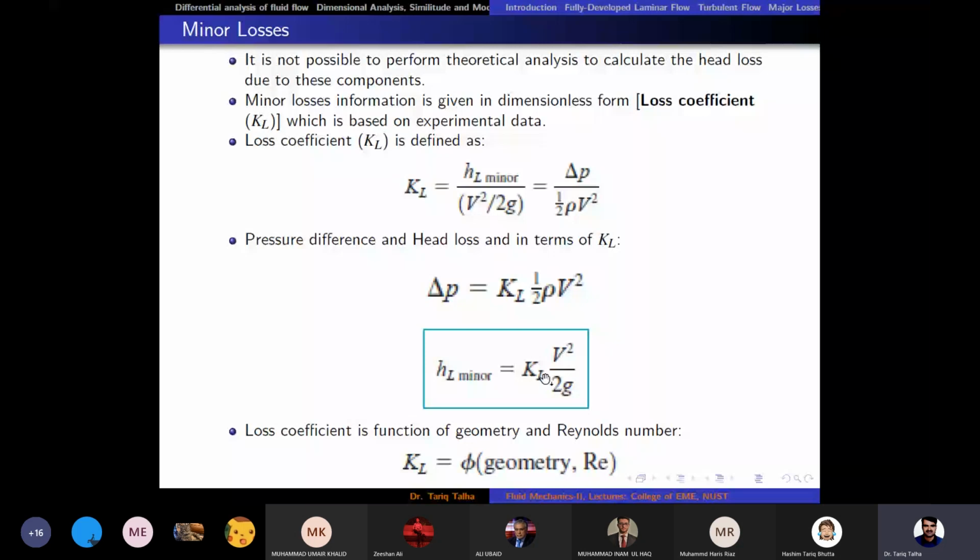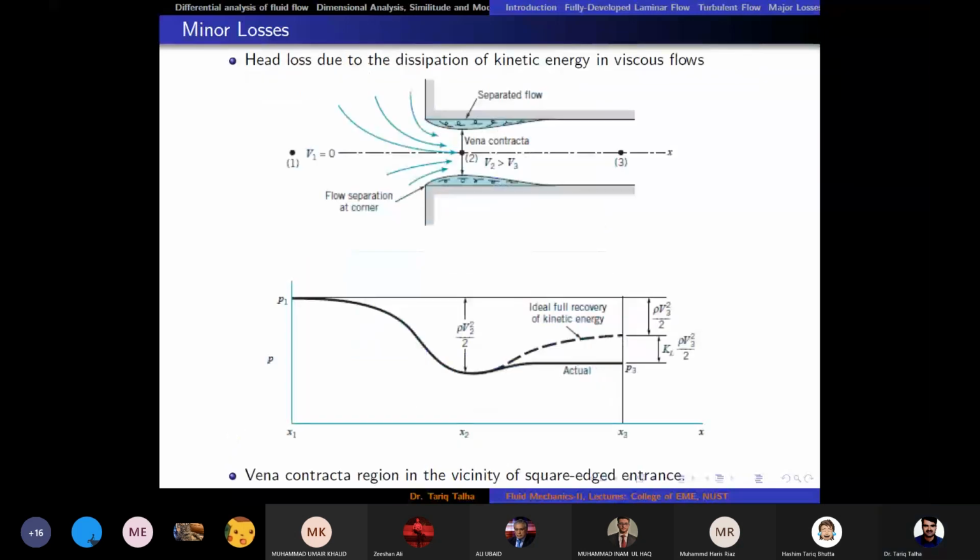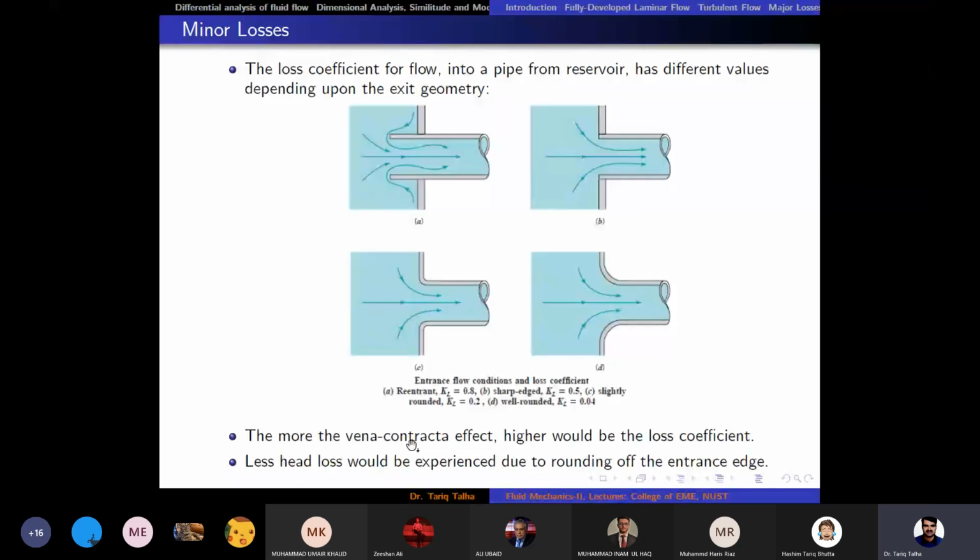Whenever we say KL is 0.8, we put 0.8 here, and whatever the value of velocity is, HL minor would be 0.8 into V square upon 2g. Okay, so that is a dimensionless number. So the more the vena contracta effect, the higher would be the loss coefficient.